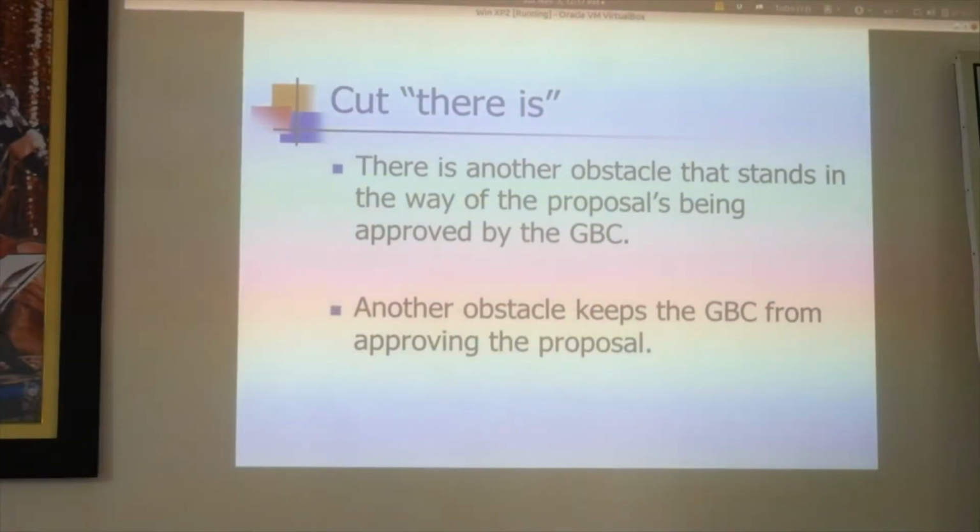Another obstacle stands in the way of the proposal's being approved by the GBC. I saved 3 words. Then "stands in the way of" is 5 words to say what happened. And then I've got this sort of passive construction, being approved by. So I just activated the whole thing and said, another obstacle, that's the subject. Keeps is my 1-word verb. The GBC, my object, from approving the proposal.